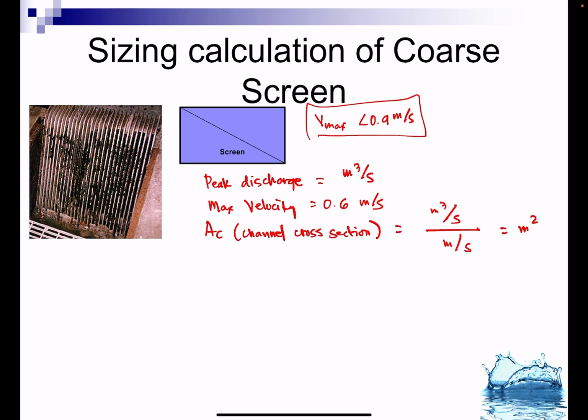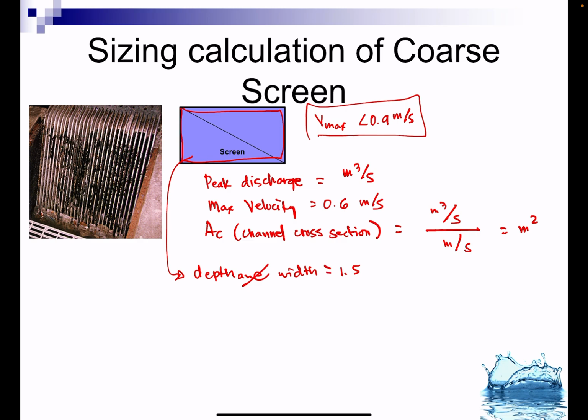Now, knowing your cross-sectional area, and usually all coarse screens are designed to be rectangular channels. Wala man siguro maglalagay ng circular, right? Now, for rectangular channels, the depth to width ratio is always 1.5, or D over W. So depth over width is equivalent to 1.5.